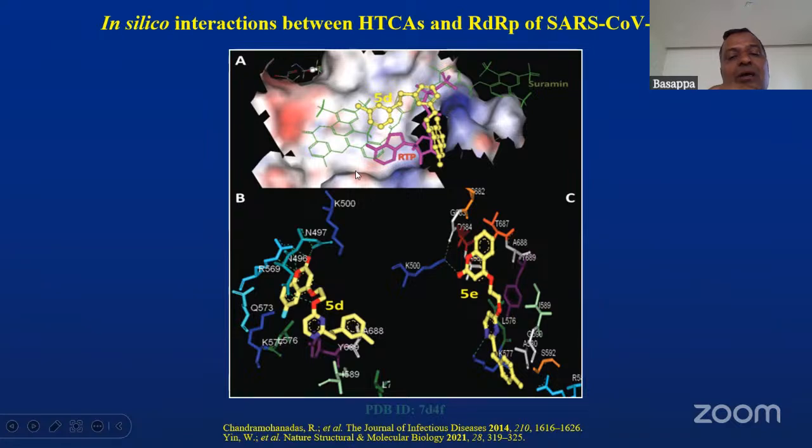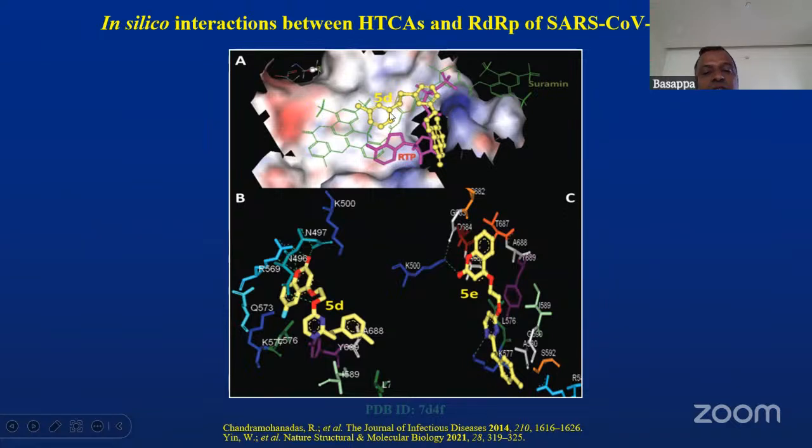So you can see here the surface representation of the protein, followed by the ligand suramin, and RTP, which is also taken here, remdesivir triphosphate, which we also took for an overlay of how these structures are binding into the catalytic site of NSP12, the RNA-dependent RNA polymerase hydrophobic group, which we considered, and those interactions have been elaborated here.